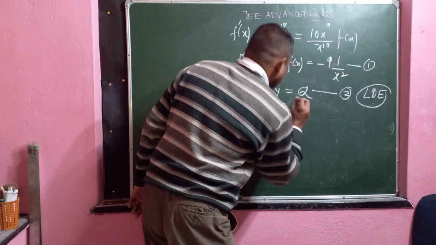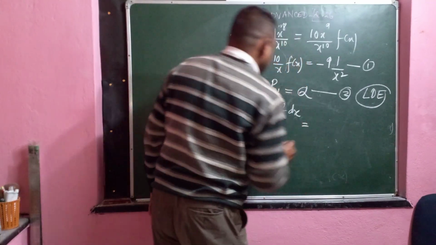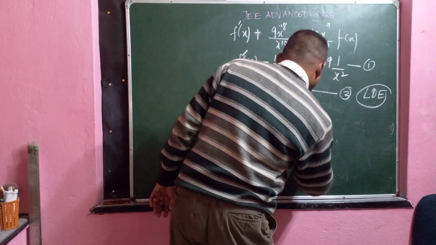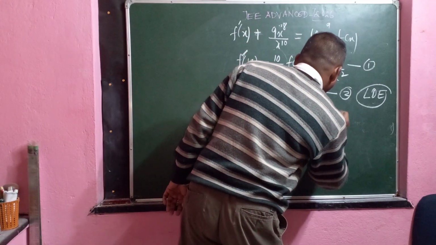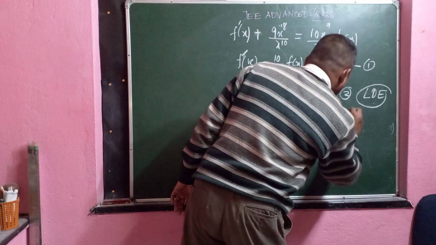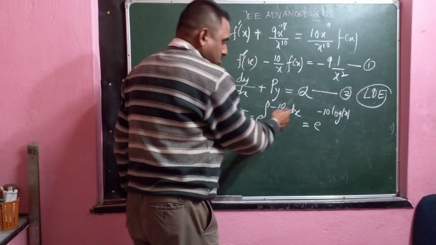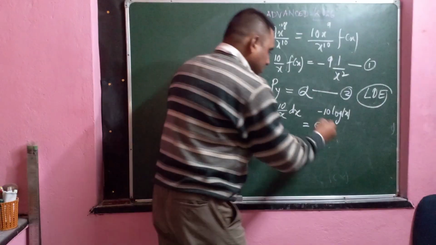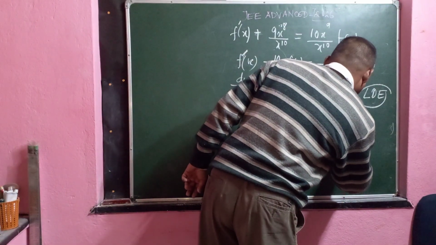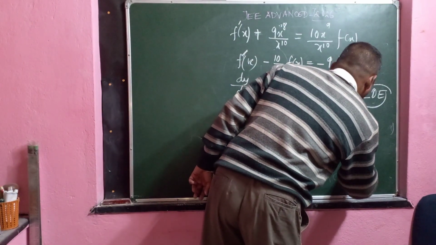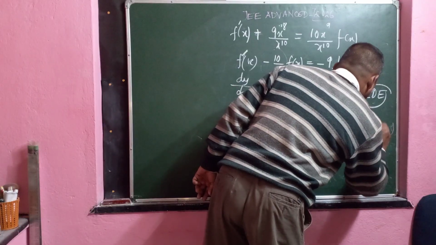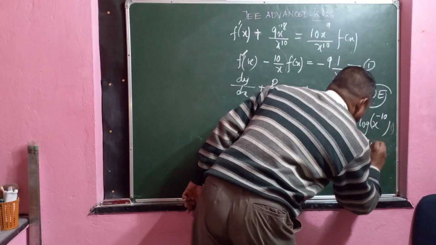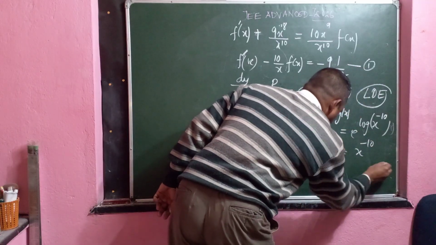So that is e to the power minus 10 log x, right? Minus 10 outside, integration of dx by x is log x. So that is e to the power log x to the power minus 10. So x to the power minus 10 is the integrating factor.